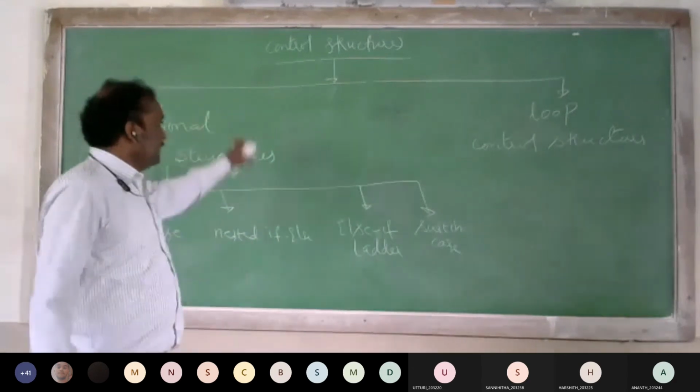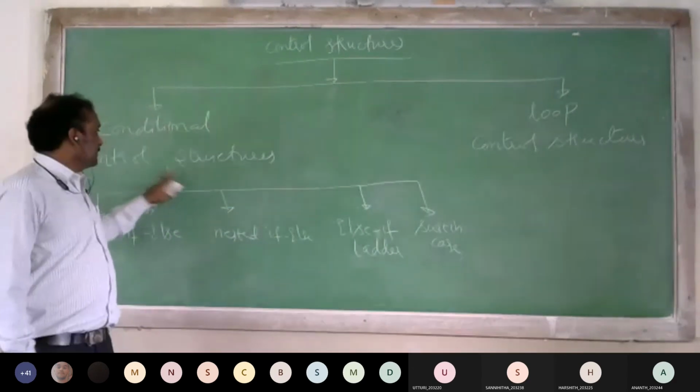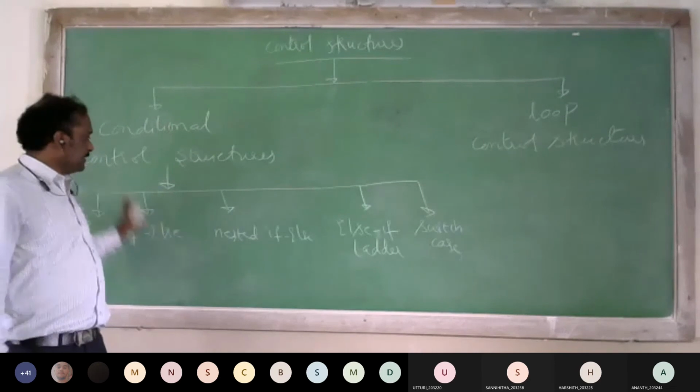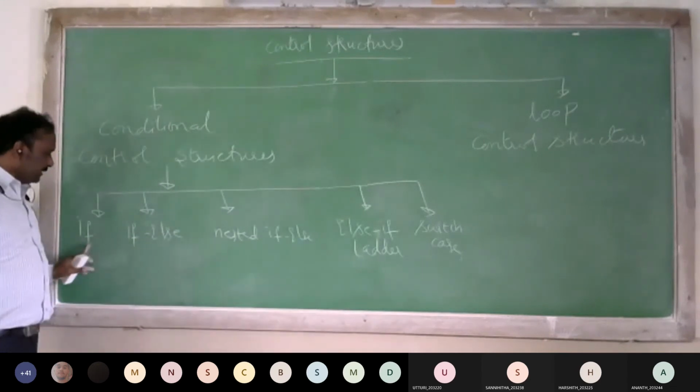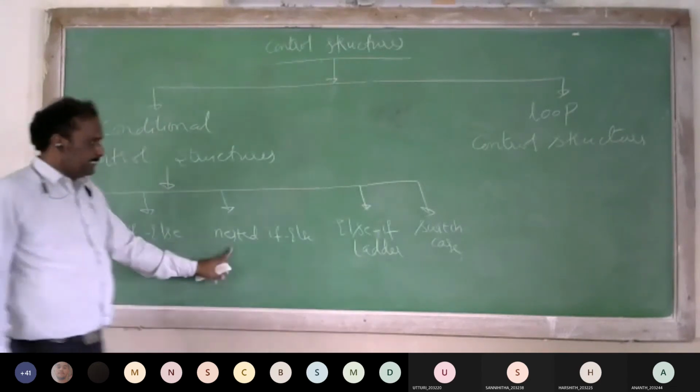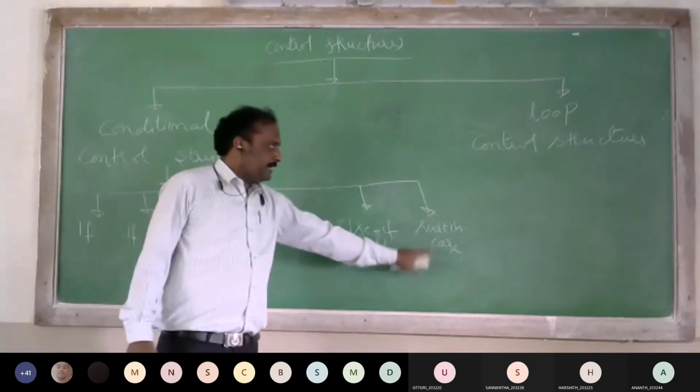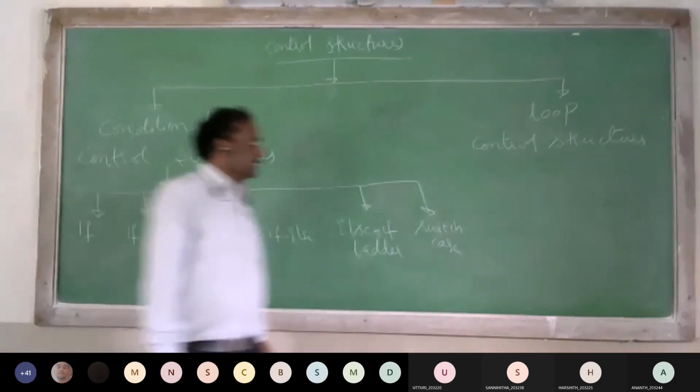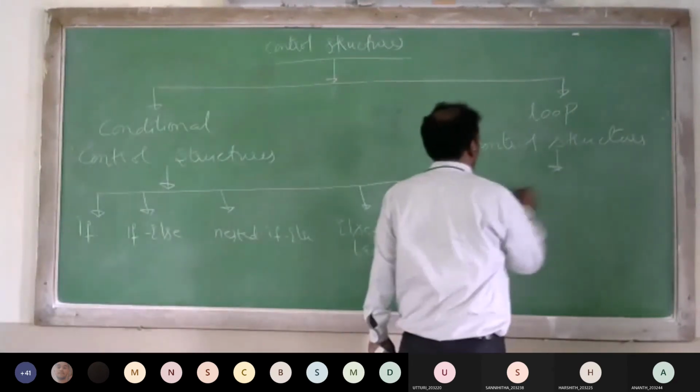The control structure is divided into two types. One is conditional control structure. Conditional control structures are again five types: if, if else, nested if else, else if ladder, and switch case. Now loop control structure.